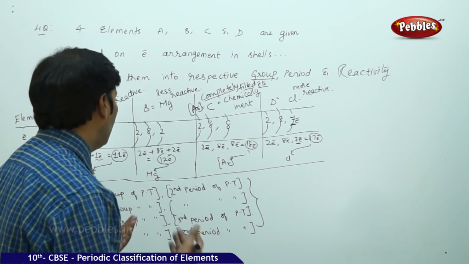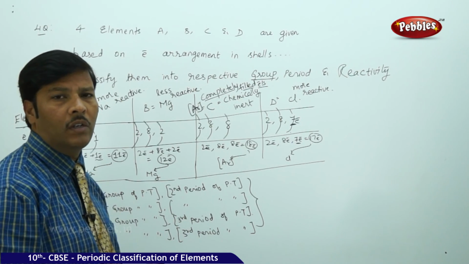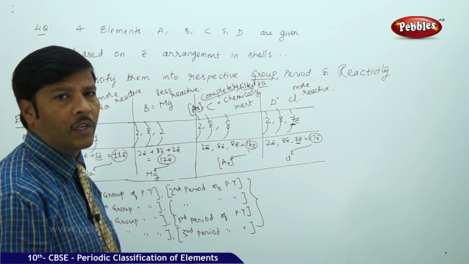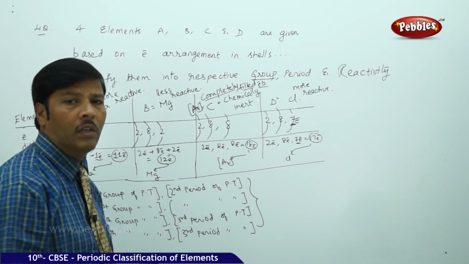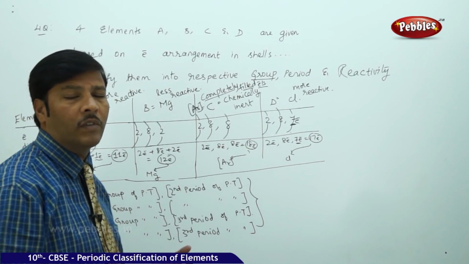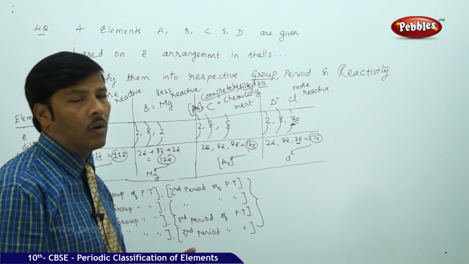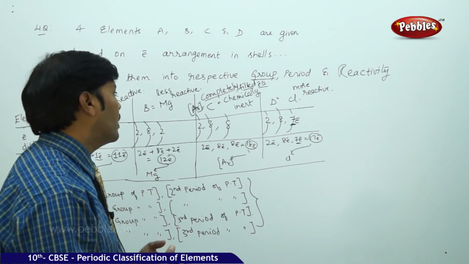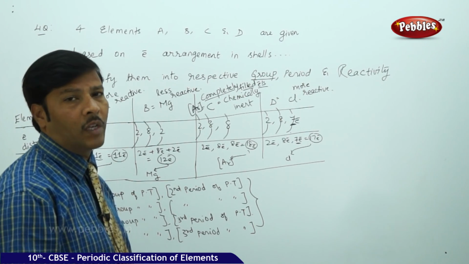But elements which have stable electronic configuration, satisfying the octet or duplet configuration in the outermost orbit, do not participate in chemical reactions because they are already stable, so they are said to be chemically inert.